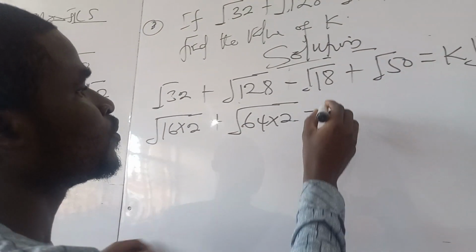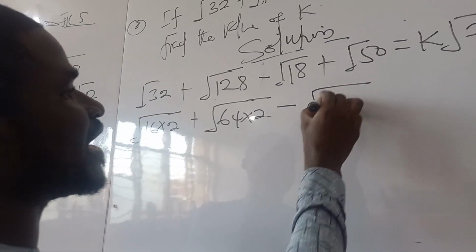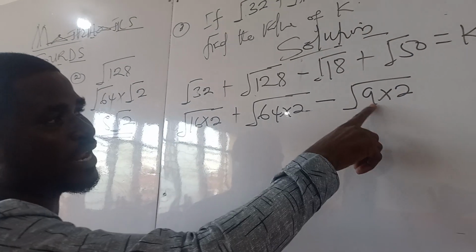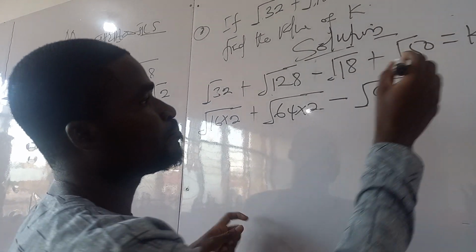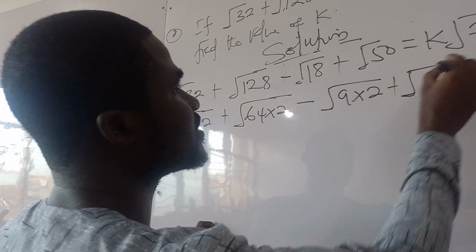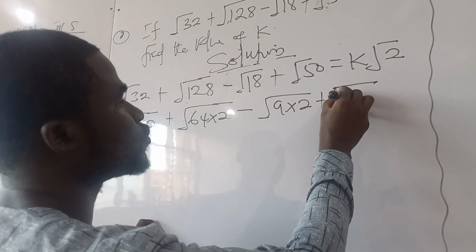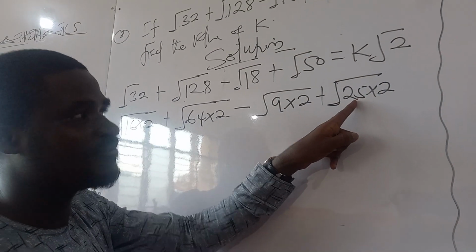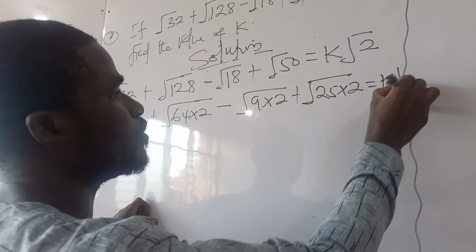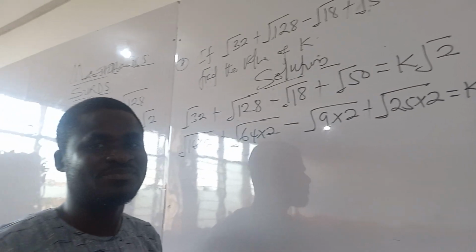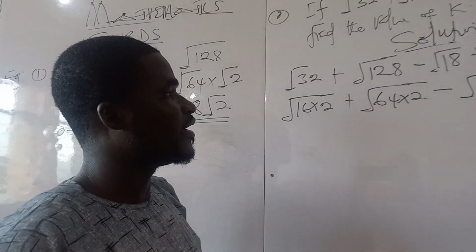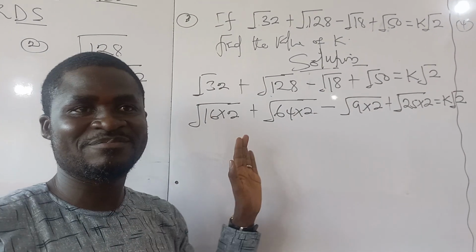Minus root 9 times 2, because we can square the 9. Plus root 25 times 2, because we can square the 25, equals k root 2. Okay, so that's the first step.